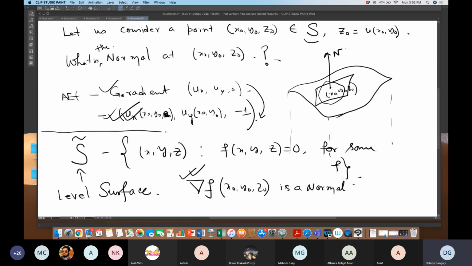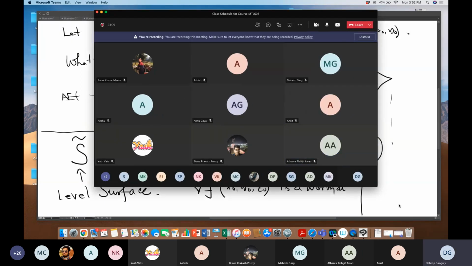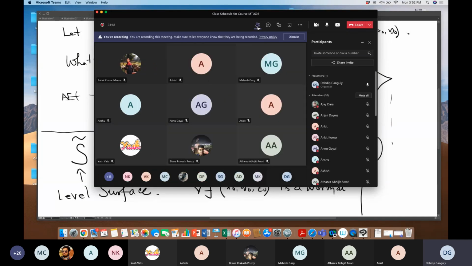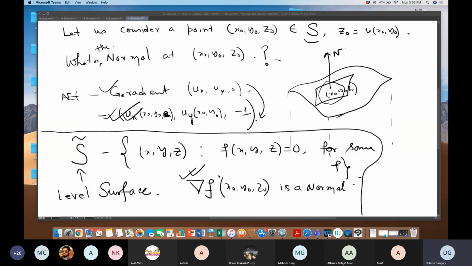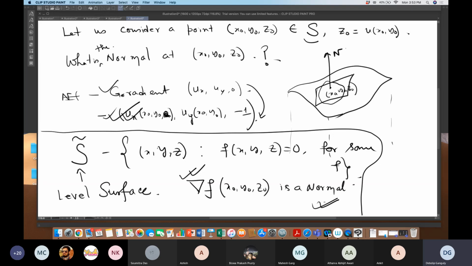Who knows this proof? Should I do this proof, or do you know it? Please tell me. Come on. Otherwise, I don't know whether you want me to do it or you know this proof. For a level surface, here f equals u minus z. Exactly. Everyone knows this, right? Or should I repeat?